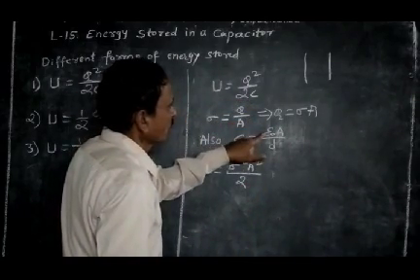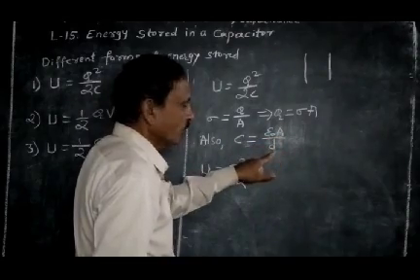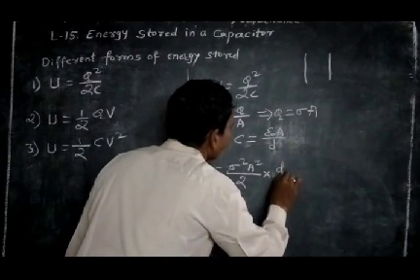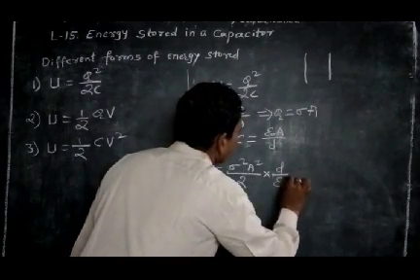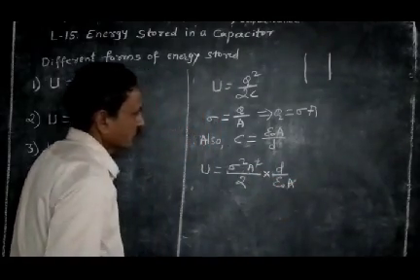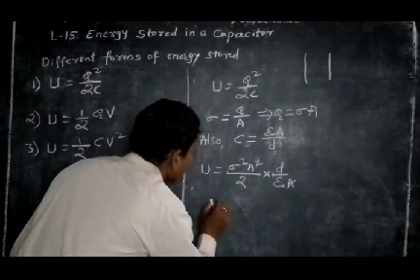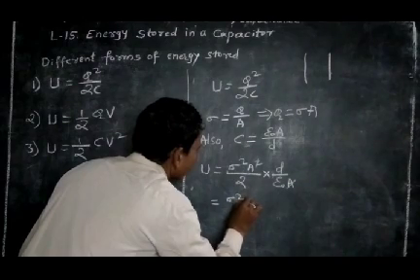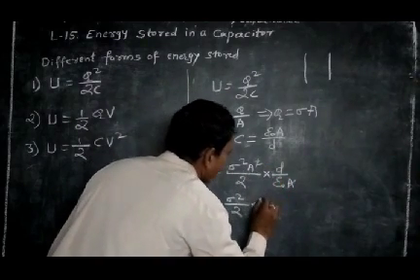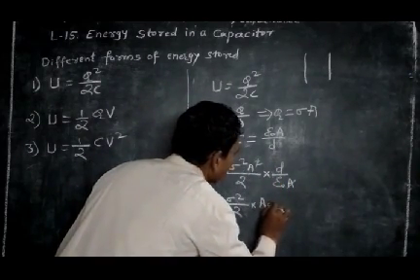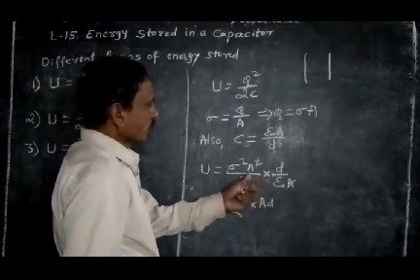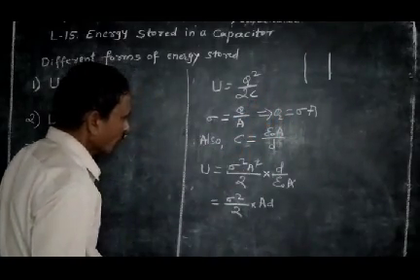Here C equal to epsilon naught into A divided by D. It can be written as D divided by epsilon naught A. Here A gets cancelled, remaining sigma square upon 2 epsilon naught into, I multiply A and D. A is the area of plates of the capacitor, and D is the separation between the plates of capacitor.